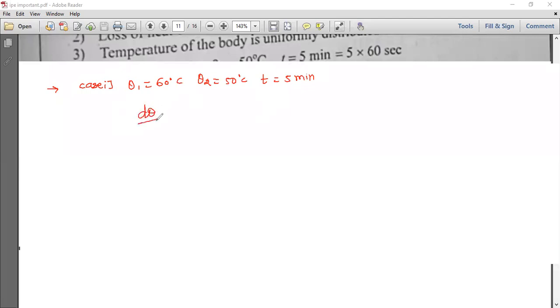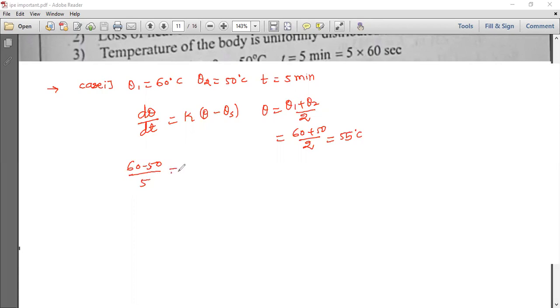As we know, d theta by dt is equal to k into (theta minus theta s). Theta is the average temperature, so theta is equal to (theta 1 plus theta 2) by 2, which is (60 plus 50) by 2, I think 55. Check it once. So d theta by dt is (60 minus 50) divided by t, which is 5, I'm keeping in minutes only.